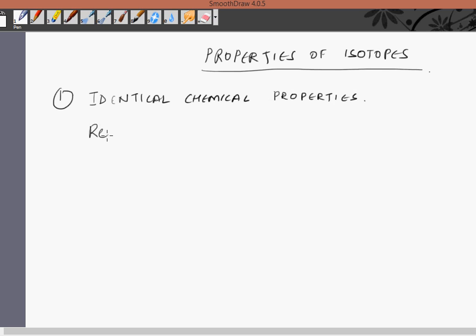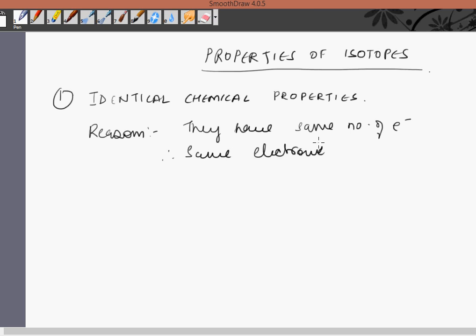What is the reason behind this? Reason is just because they have the same number of electrons, therefore same electronic configuration, right?